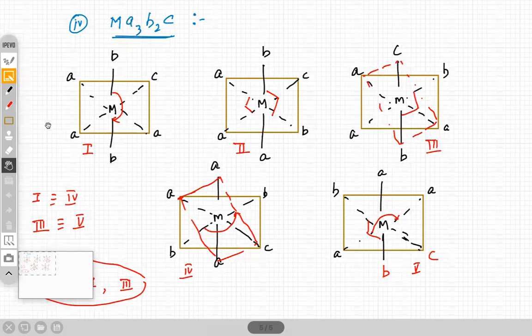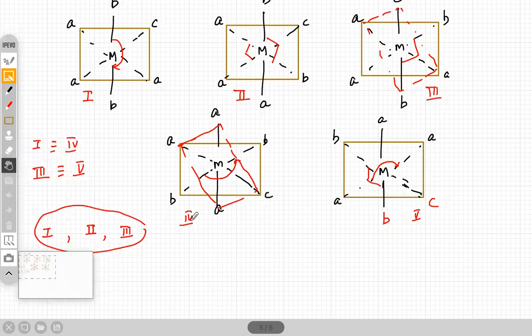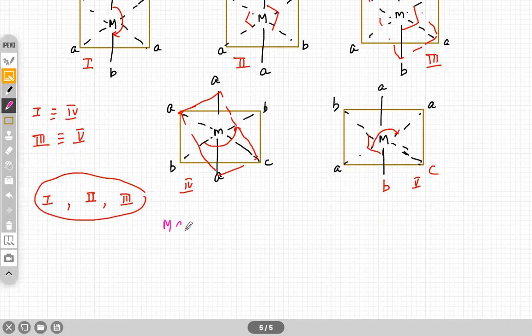So the molecule we have is M A3B2C. What you need to do is write down the ligands in pairs, two ligands in a pair, and three groups you have to form. Three different possibilities.